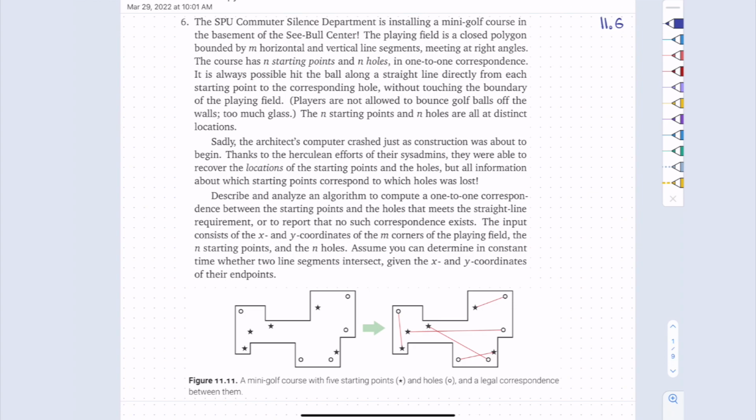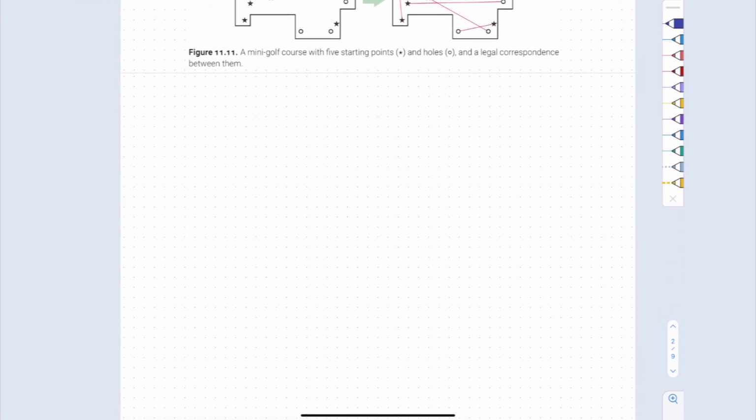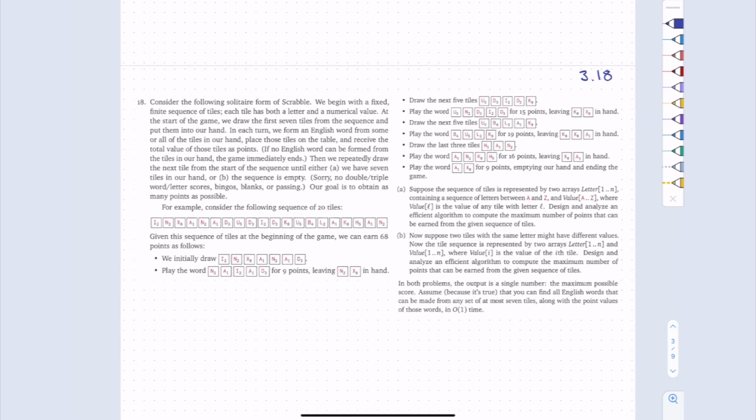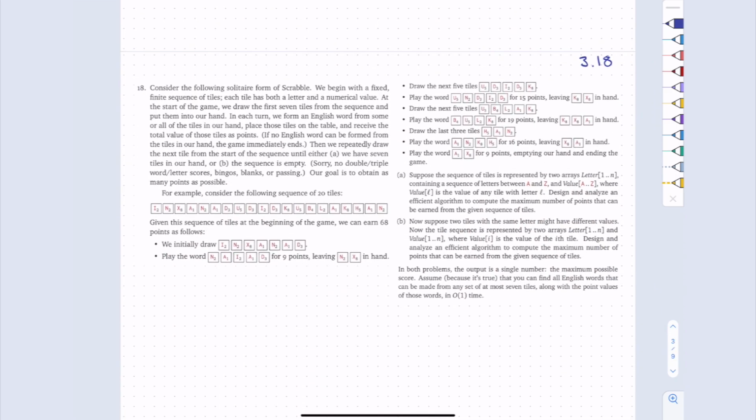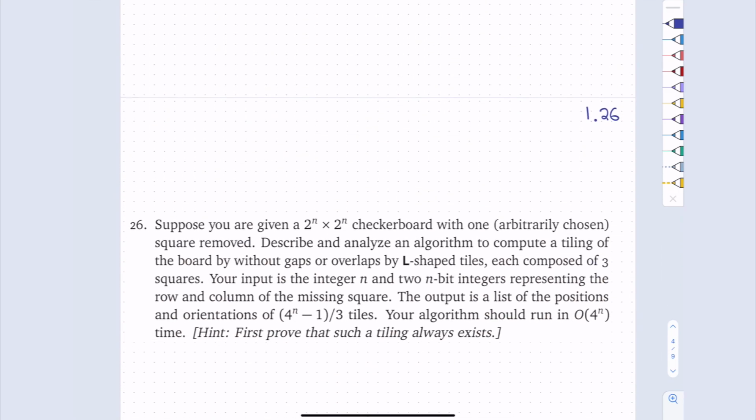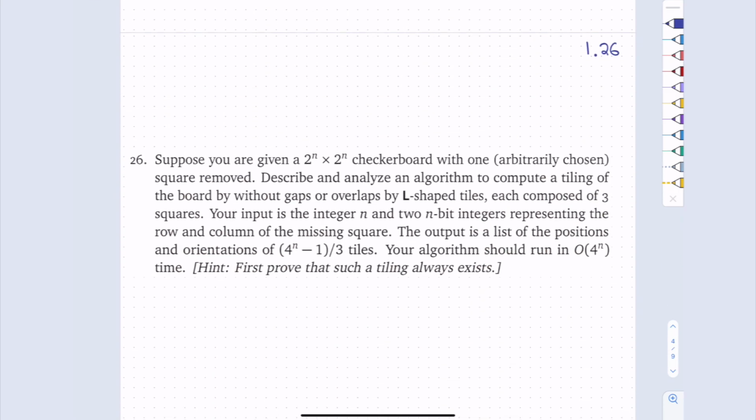Okay, first, let me tell you what problems I preloaded, just in case you finish early, you can race on to the next one. This one was exercise 11.6. Another one was exercise 3.18, which is a dynamic programming one, and another one was exercise 1.26.